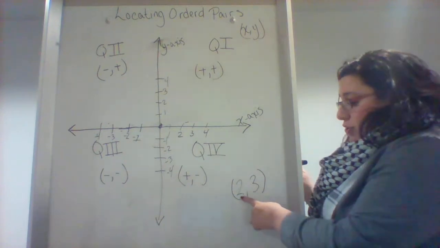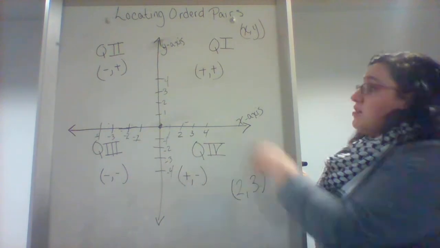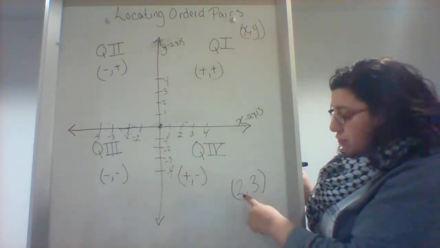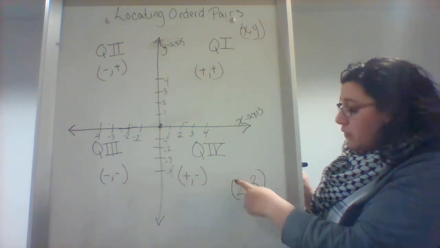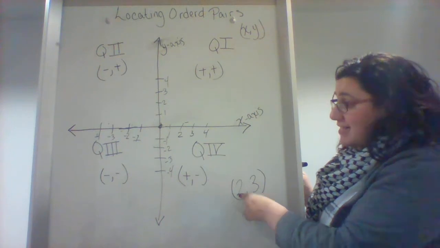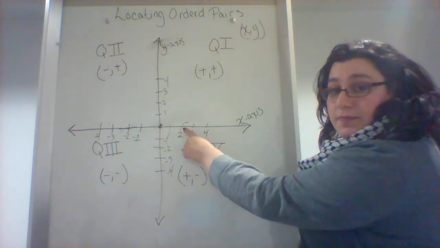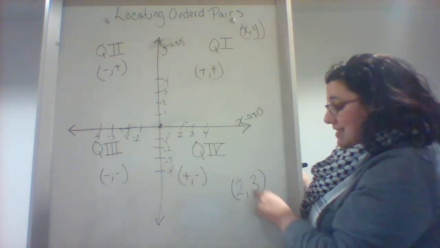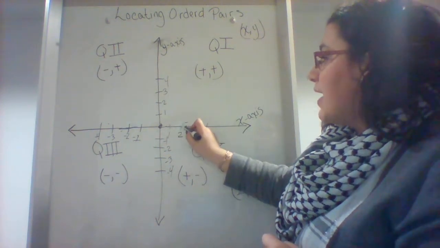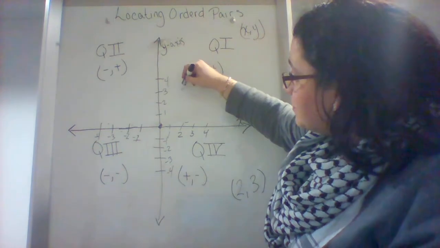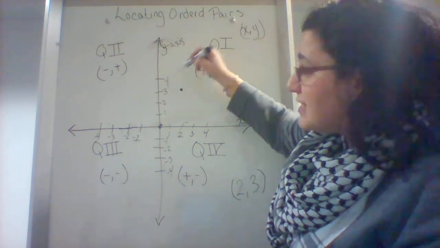So the ordered pair 2, 3 is going to follow the XY pattern. So 2 is going to be on the x-axis and 3 is going to be on the y-axis, which means I'm going to go on the x-axis over to 2, and then the y-axis I'm going to go up to 3. So I'm going to go over 1, 2, and up 3. And that's where my point is going to sit.